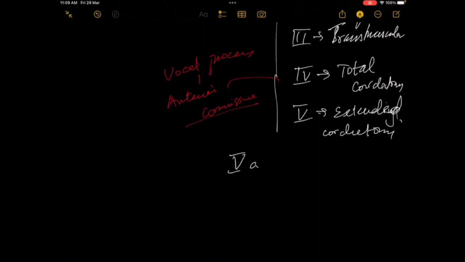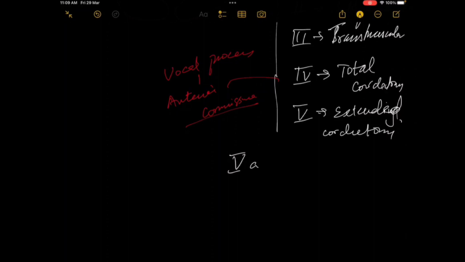So these are the layers of the vocal cord. Now in this same order we'll try to understand the classification of cordectomy, because that is how the classification is based. We have 5 types: 1, 2, 3, 4 and 5.